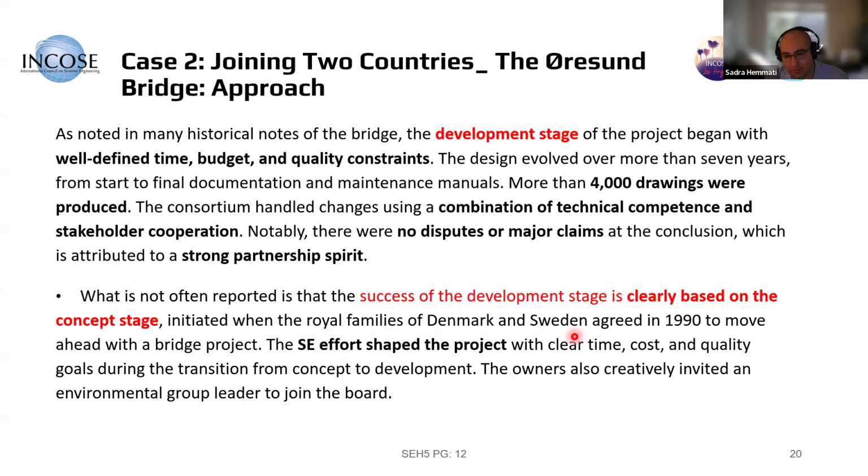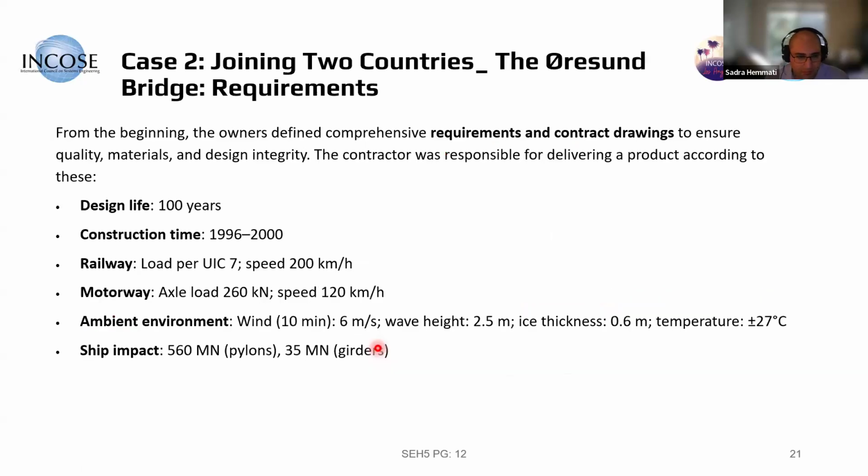And when you have support and sponsorship from top level decision makers, it can be successful at the end. Some of the specs: design life 100 years, 4 years in construction.